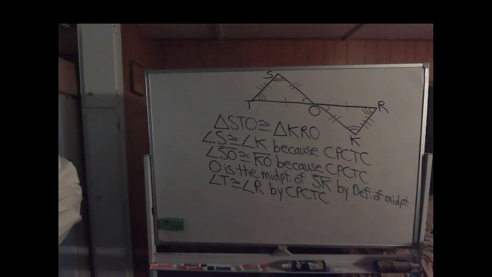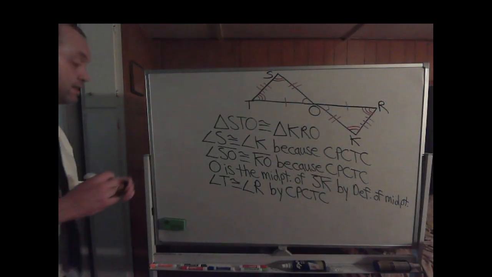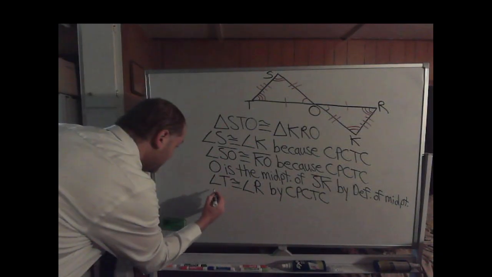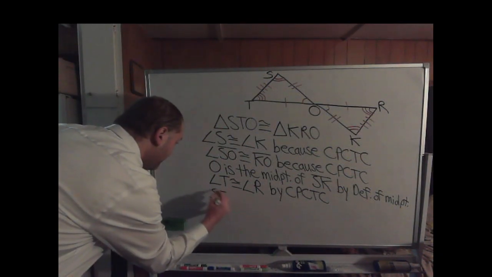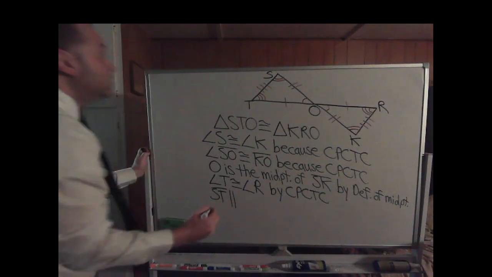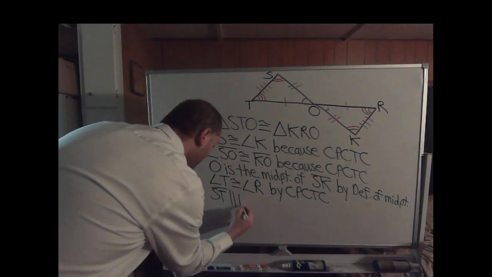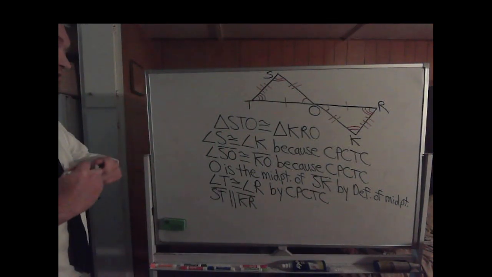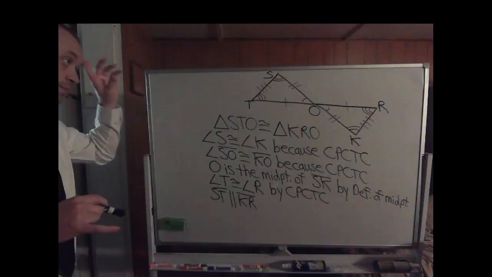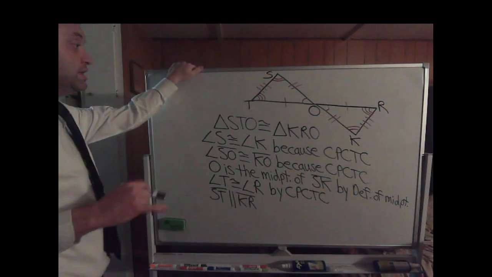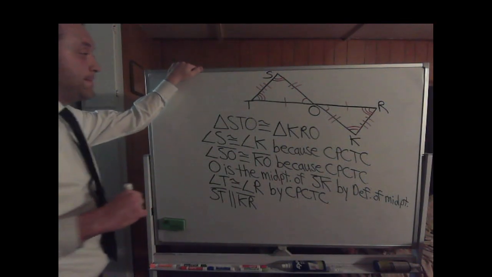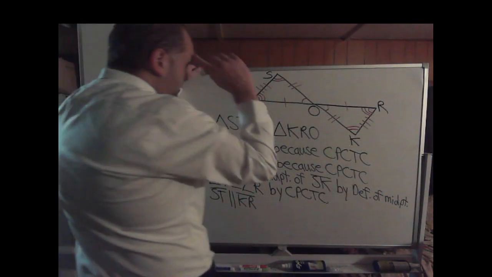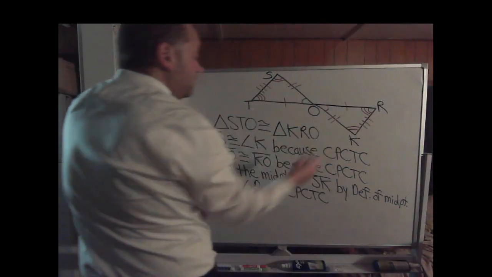Which would then mean that now they're asserting that ST is parallel to KR. How can we say that ST is parallel to KR? Okay, well, let's look at this here. You have lines ST and KR.